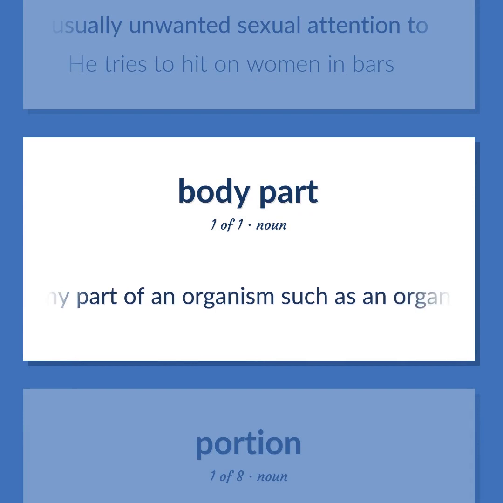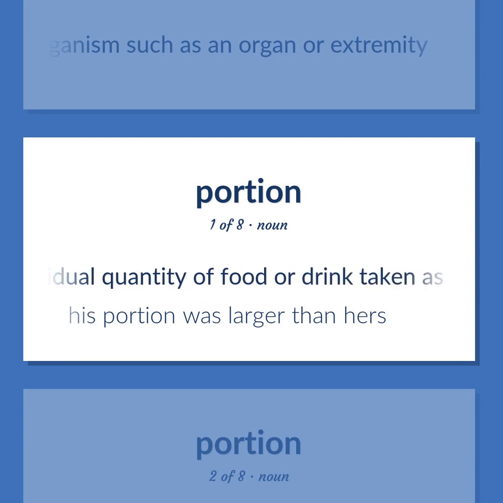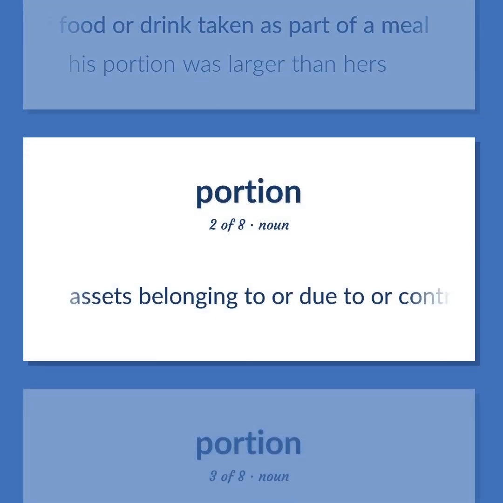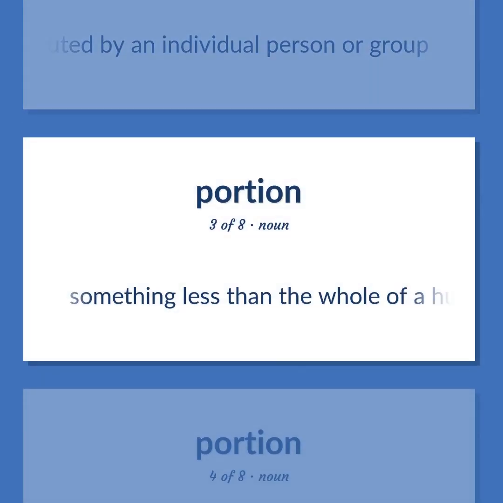Any part of an organism such as an organ or extremity. An individual quantity of food or drink taken as part of a meal. His portion was larger than hers. Assets belonging to or due to or contributed by an individual person or group. Something less than the whole of a human artifact.